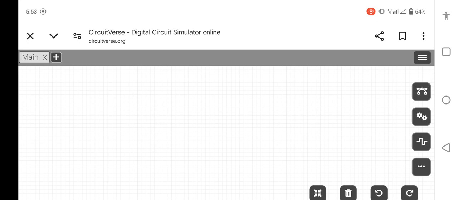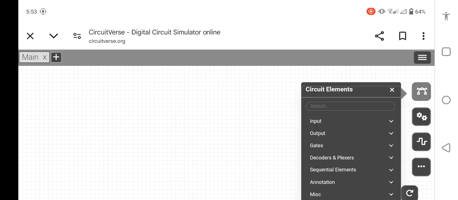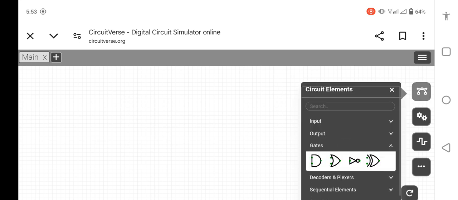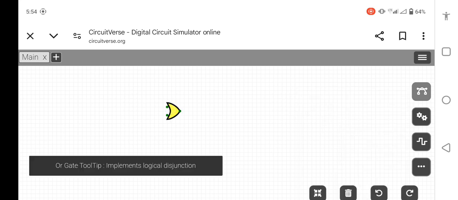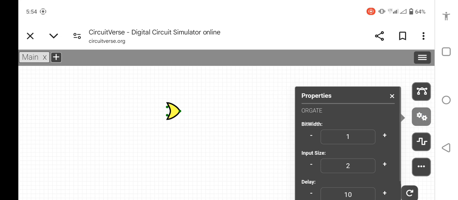So I show here the OR gate, and the input is 4.